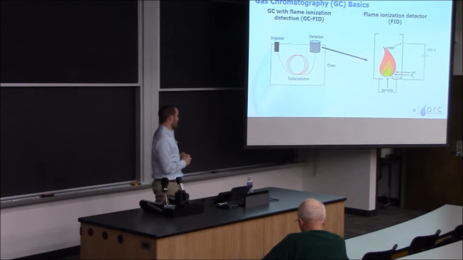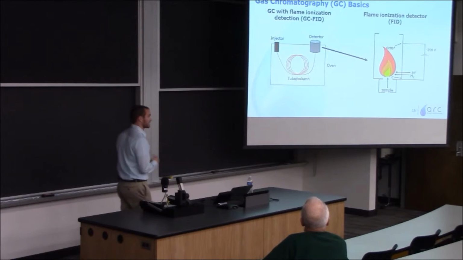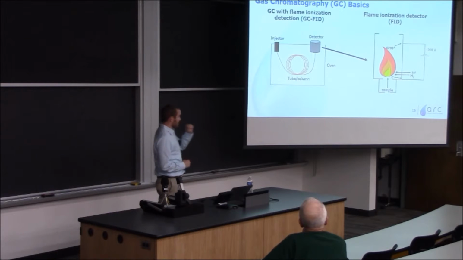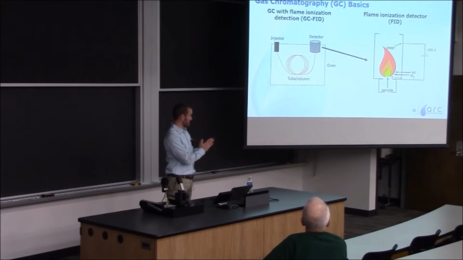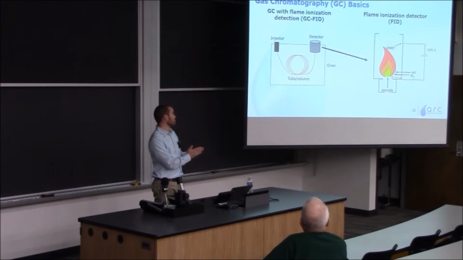The most common detector is actually the flame ionization detector, because of the many benefits of that detector. And the flame ionization detector is actually quite a simple detector. It's just a flame, as the name states. That's a hydrogen and air flame. And you burn the sample or the individual components as they come up into that flame.